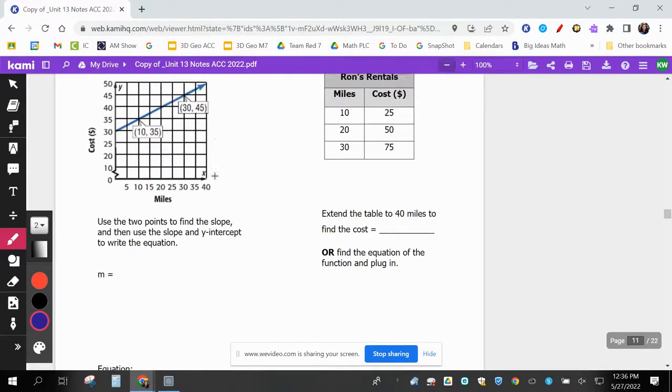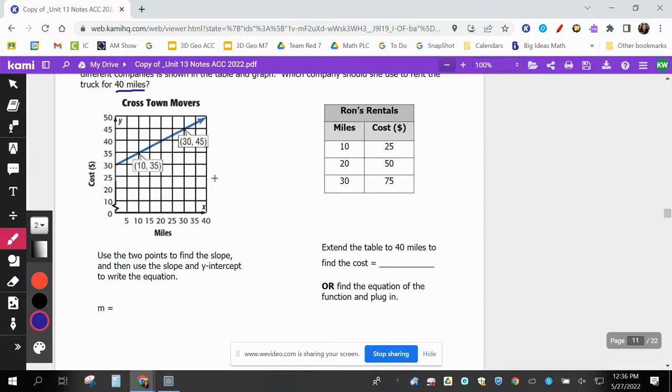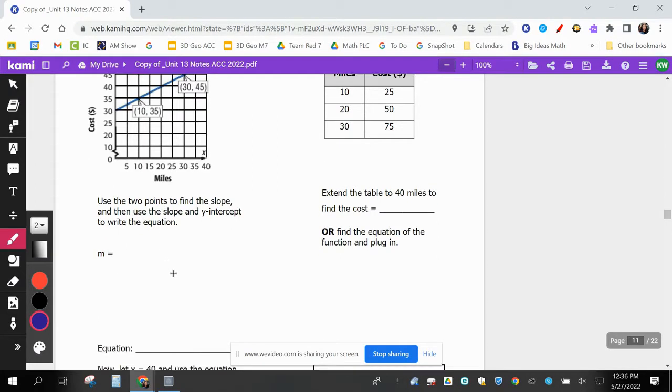Now here, guys, this is not a proportional relationship. I can tell because this graph, although it's a straight line, does not go through the origin. So we're going to review how to use the slope formula. The slope formula is y2 minus y1 divided by x2 minus x1.